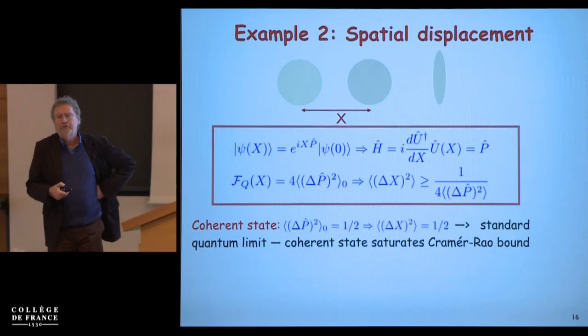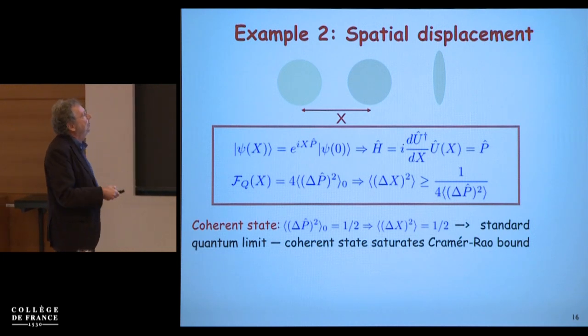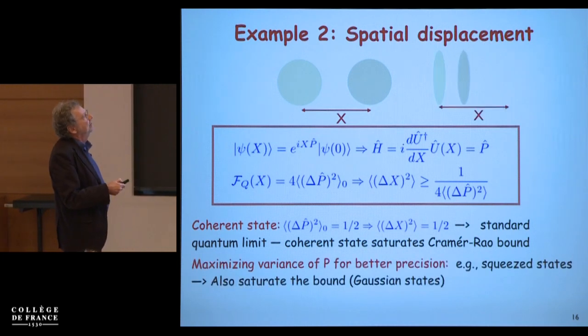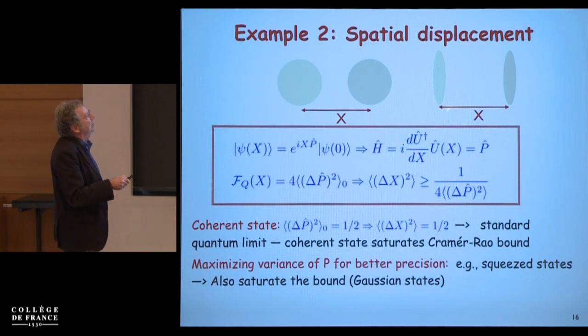However, it's not the best state, and that's quite clear geometrically. If we use a squeezed state, we can have a better precision in the estimation of x. We just have to increase the variance in P and decrease the variance in x. So we'll get a better precision.